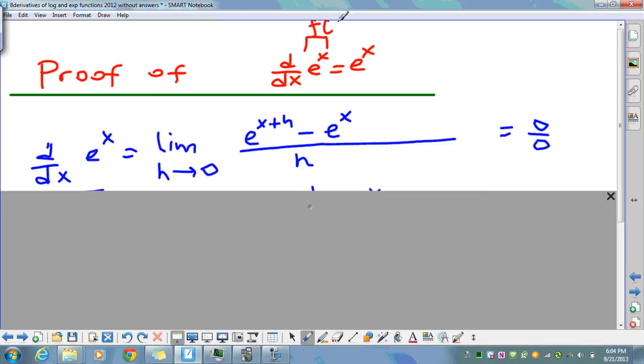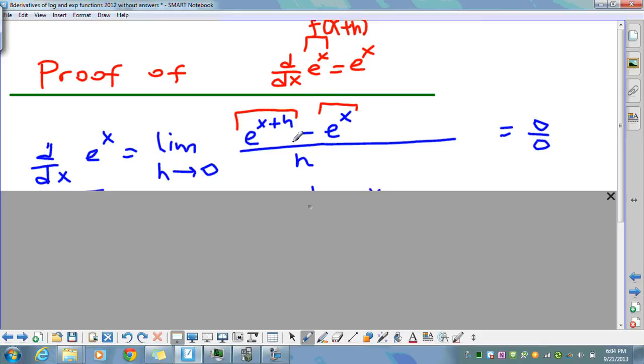So what is our f of x plus h then? Take every x out of that function and replace it with x plus h. That's what you will see here. e to the x plus h minus the function itself, everything divided by h. So f of x plus h minus f of x over h.